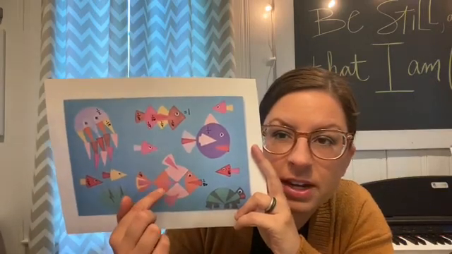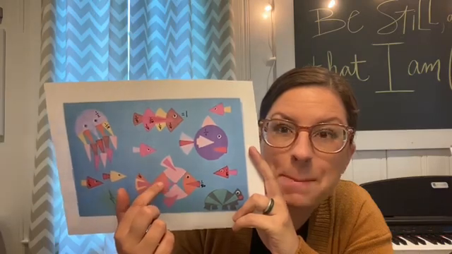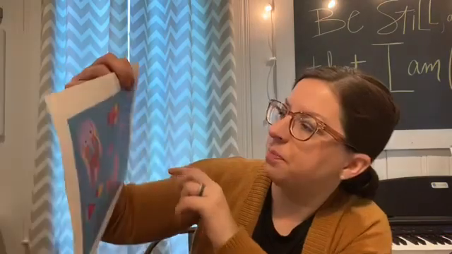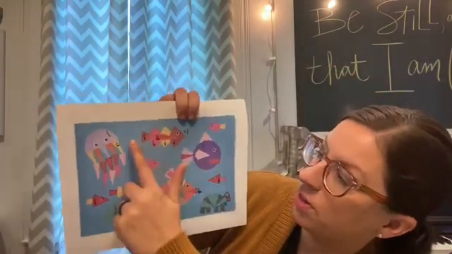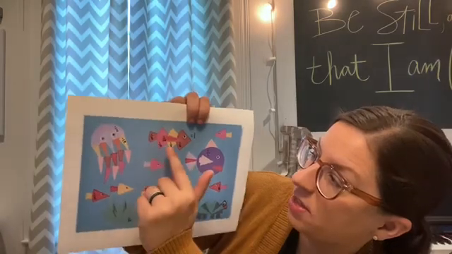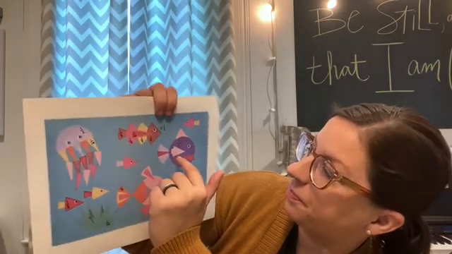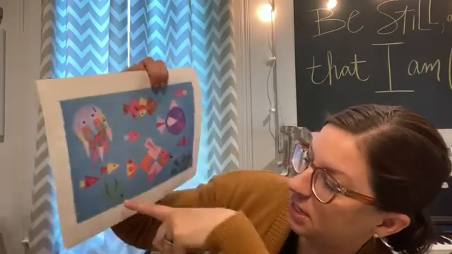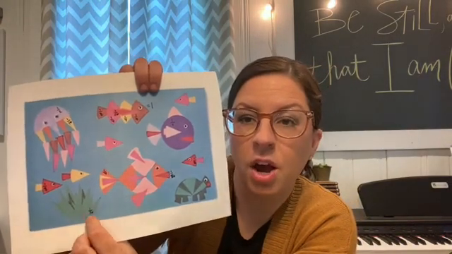This fish right here was made using 1/4, and then this fish right here is made using 1/4, 1/4, 1/4, and then the tail is 1/8, and these fins are 1/16. And so this grass right here, a whole bunch of 1/16 are used, okay?